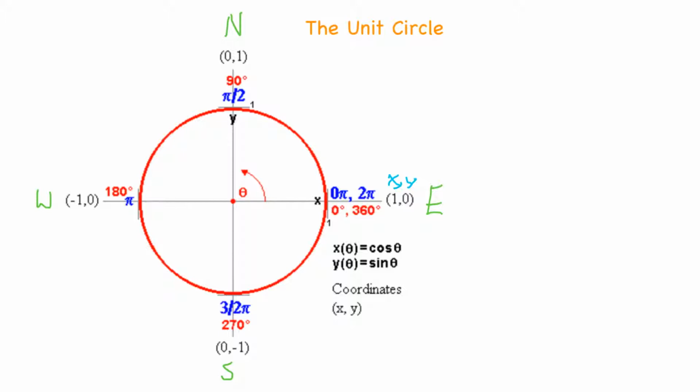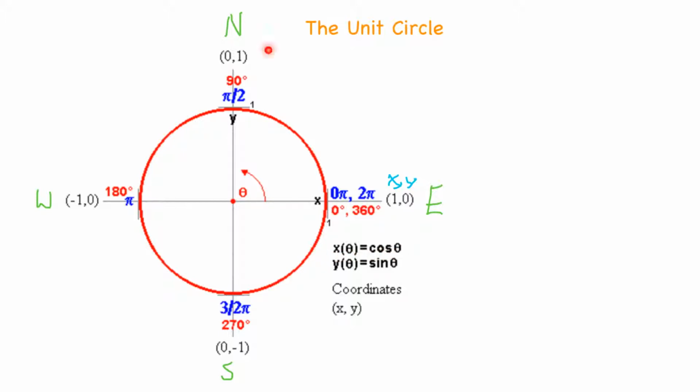Okay, so in your calculators, I want you to get your calculators out and put it in degree mode. And then let's say that you took the cosine of 90 degrees. Alright, if you moved up to 90 degrees, we want to know what cosine is. Remember, cosine is always the x value.